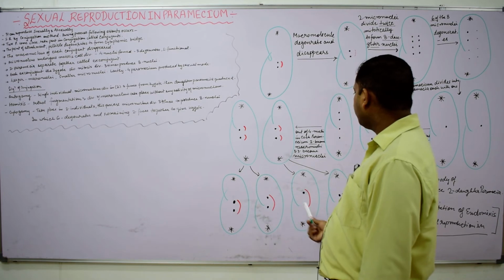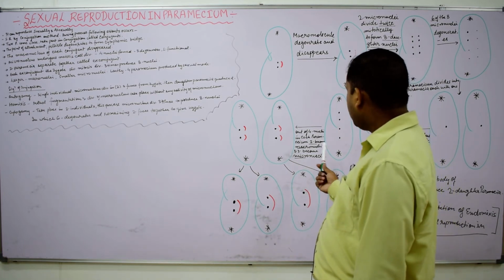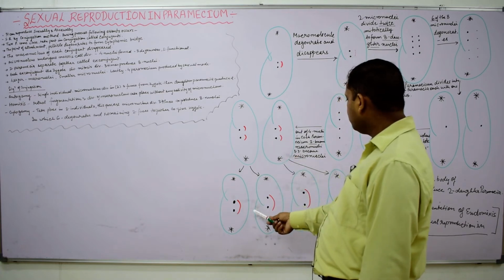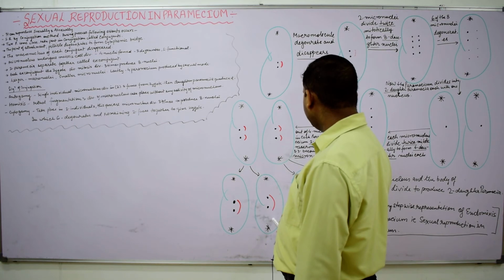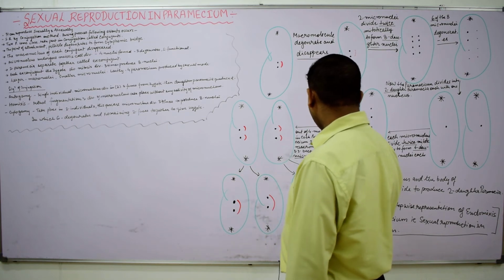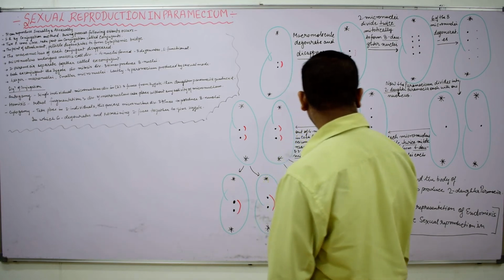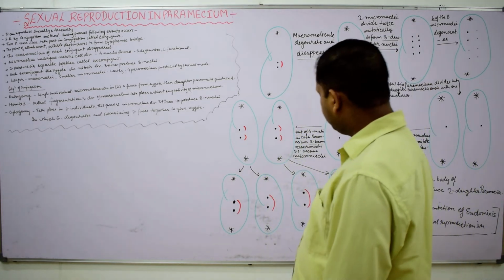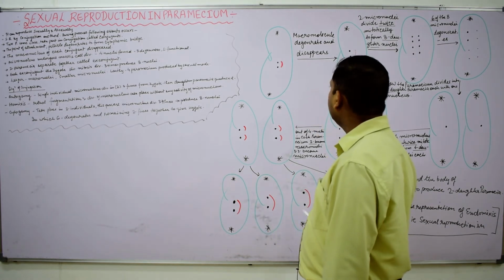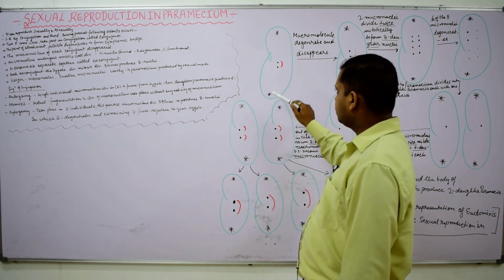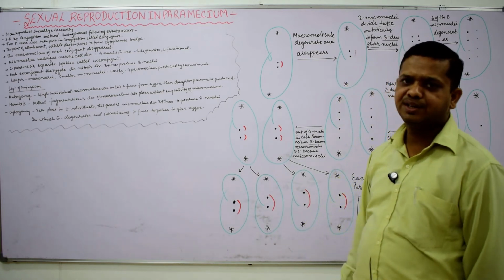Each paramecium will have 2 micronuclei and 1 macronucleus, as the parent cell has. So, from one cell, 4 daughter paramecia are formed.